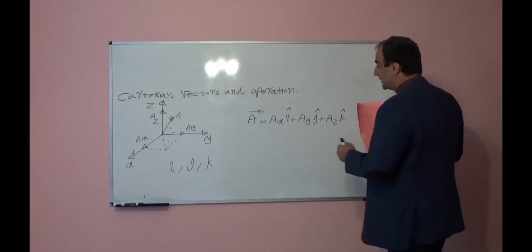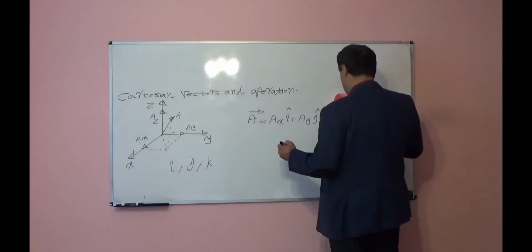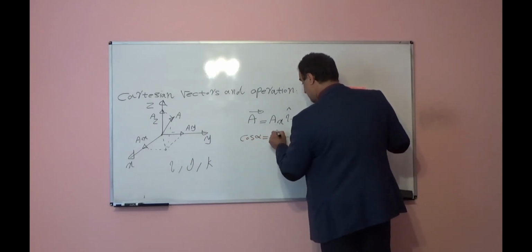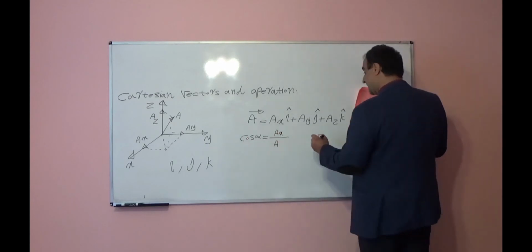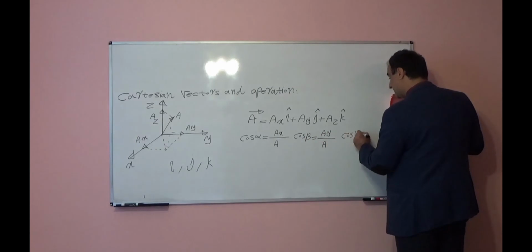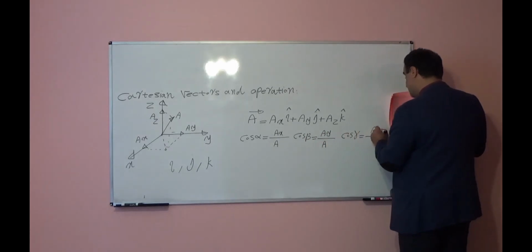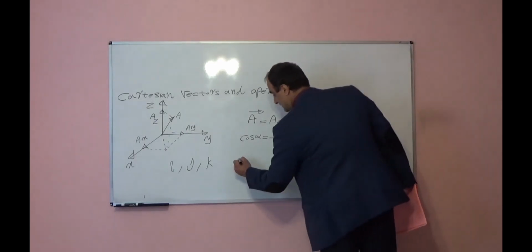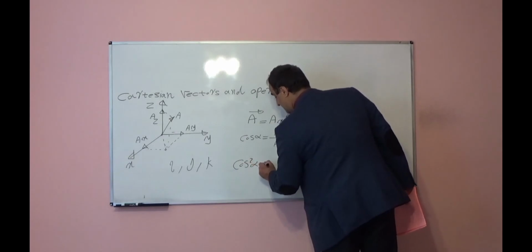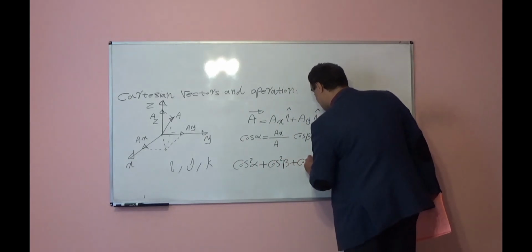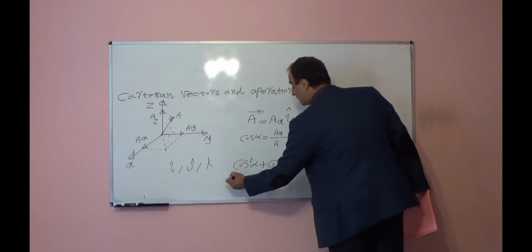From here I can write, because cosine alpha is equal to Ax over A, cosine beta is equal to Ay over A, and cosine gamma is equal to Az over A, I can write cosine square alpha plus cosine square beta plus cosine square gamma is equal to 1.